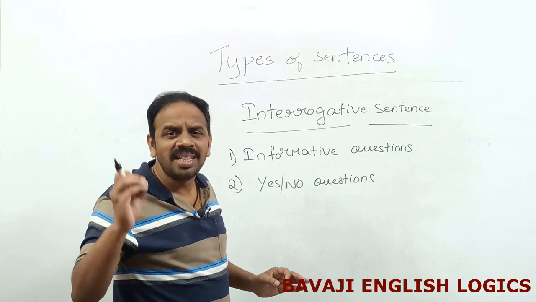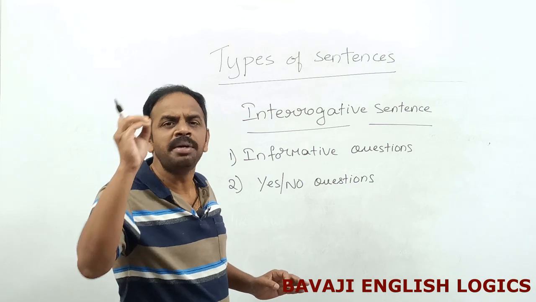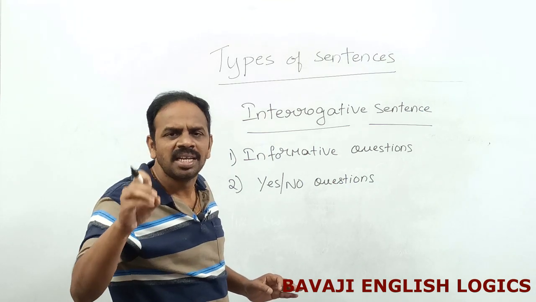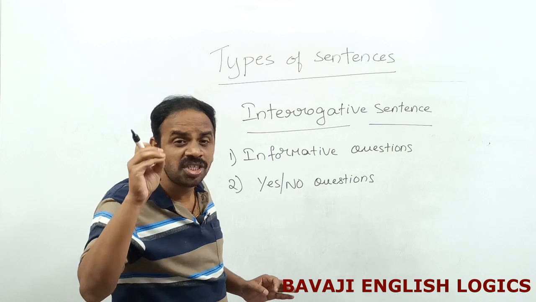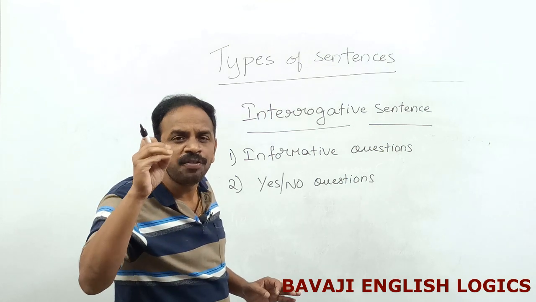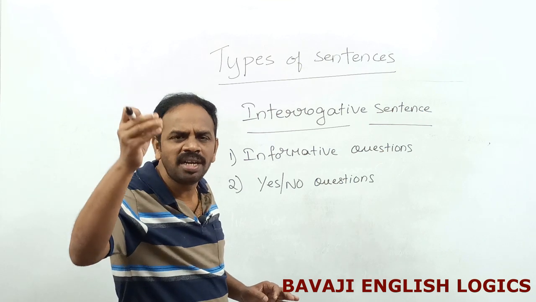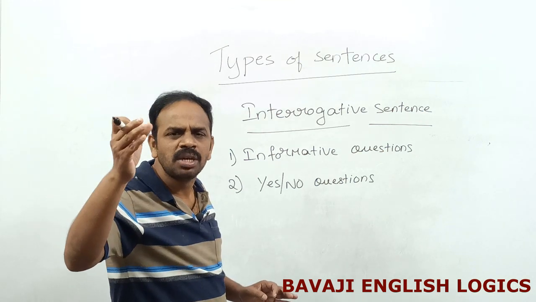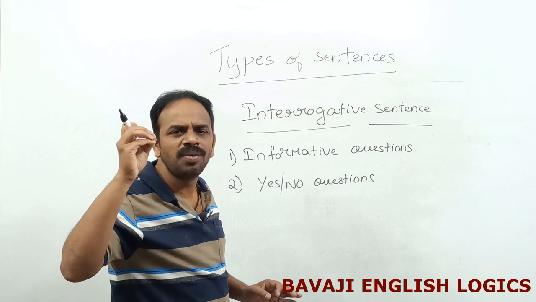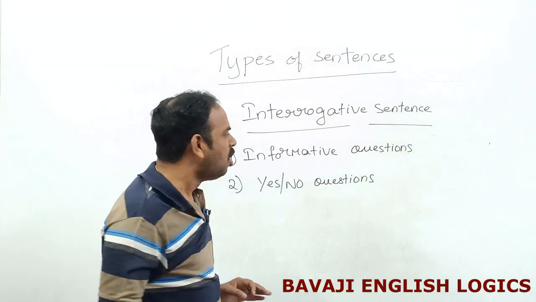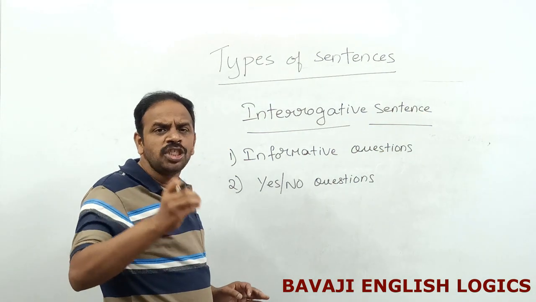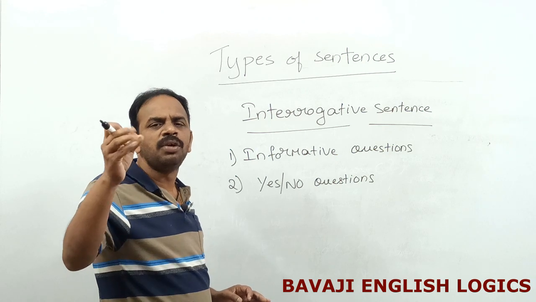The questions that give us information are called informative questions. They give information about a person, an object, or a place. All of the WH questions are informative questions.